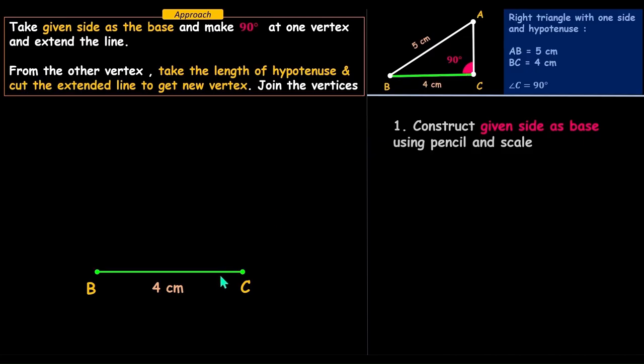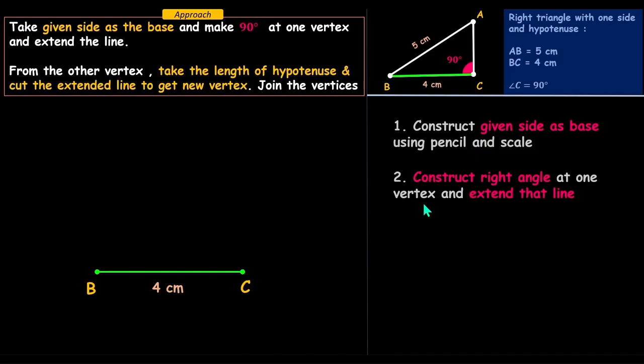Now what we need to do is make a 90 degree angle here and create a big extended line here because we don't know the length of this side. So we'll construct a right angle at one vertex and extend that line. To construct 90 degrees, we'll take out a compass and put it on the vertex, right? And then we'll create a semicircle around here.